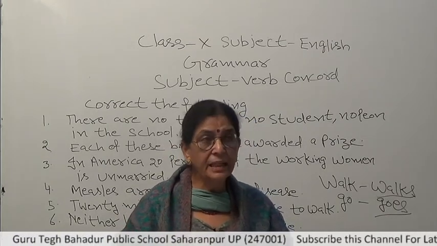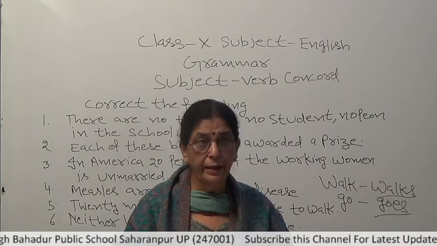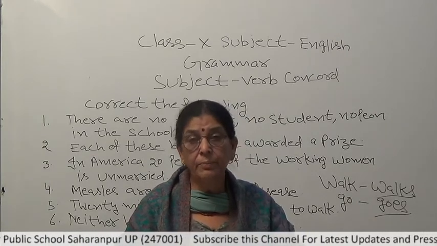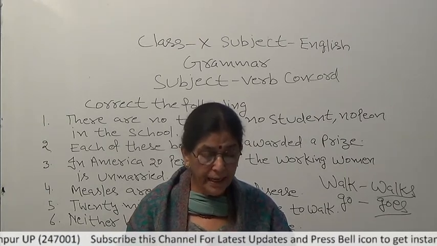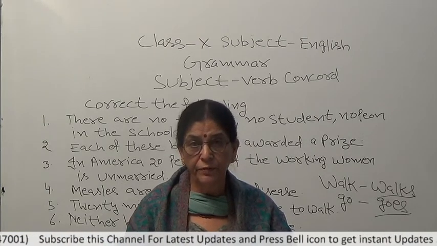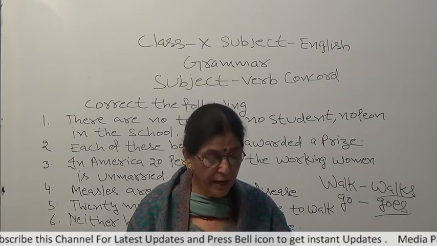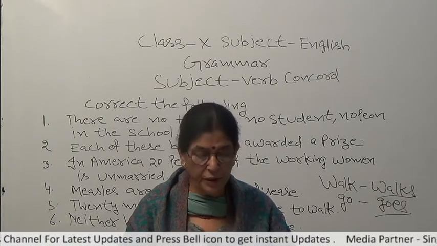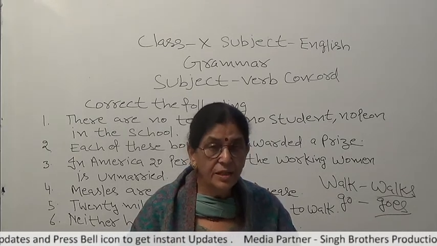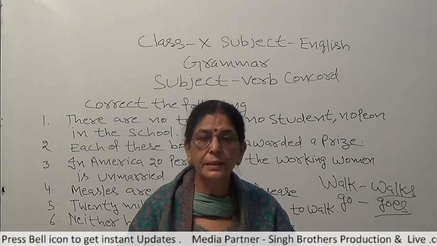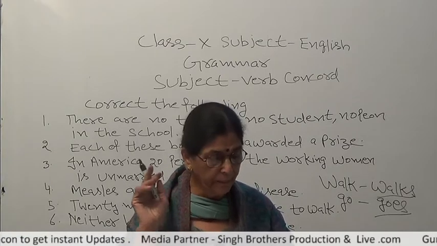Next, the title of a book, play, story, or a musical composition, even though they are in plural. If the name of a book, the name of an epic, the name of a musical composition, maybe it's plural, takes a singular verb because they are representing one thing.